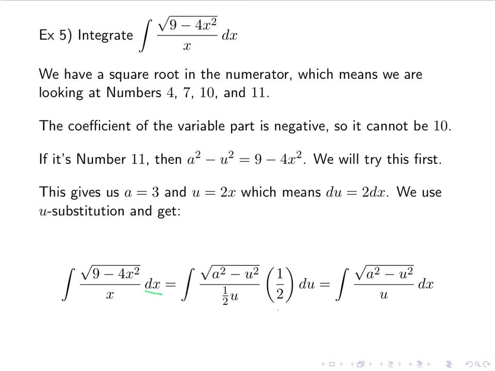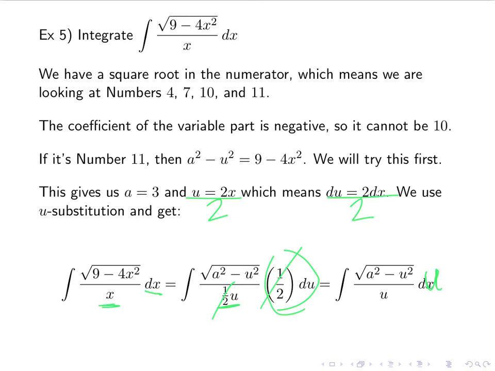So dx is again 1/2 du, so make sure we're dividing both sides by 2, so that's where that 1/2 is coming from. X is also 1/2 u, again I'm dividing both sides by 2, so that's where those two 1/2s are coming from. They then cancel, so I've got the square root of a squared minus u squared over u, that dx should be du. Right, I already did that substitution.